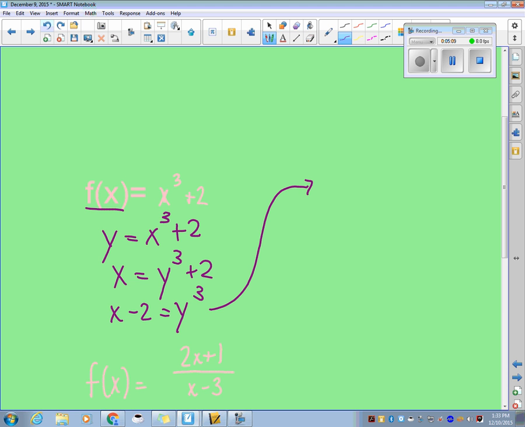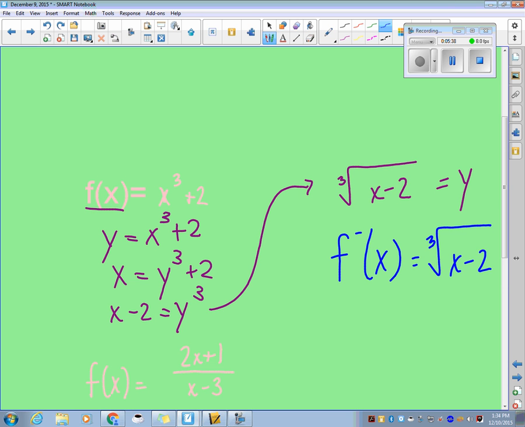So I'm going to take the cube root of both sides. So it's the cube root of x minus 2 is equal to y. And so this is the inverse function. And you would finish that up by saying that f inverse is equal to the cube root of x minus 2.